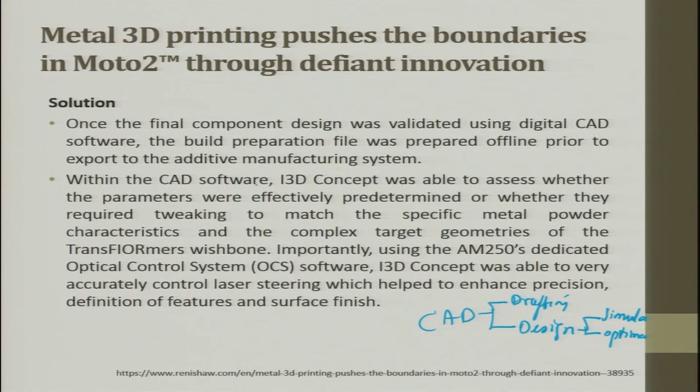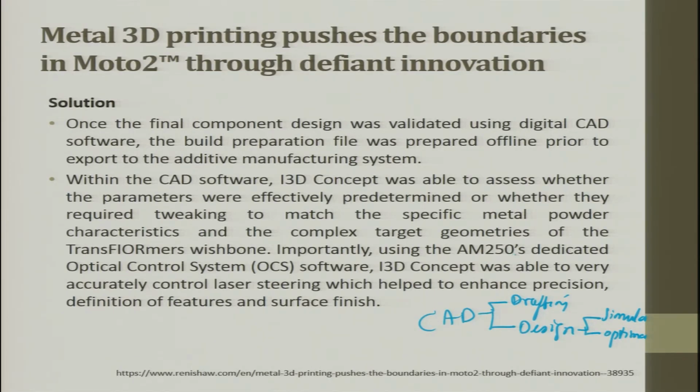Within the CAD software, i3D concept was able to assess whether the parameters were efficiently predetermined or whether they require tweaking to match the specific metal powder characteristics and complex target geometry of the transformer's visor.